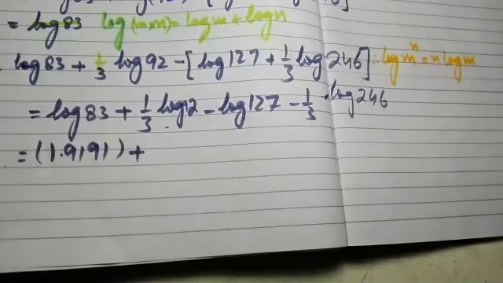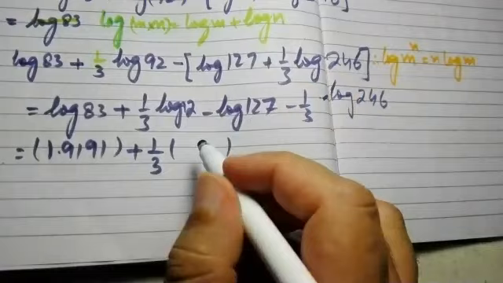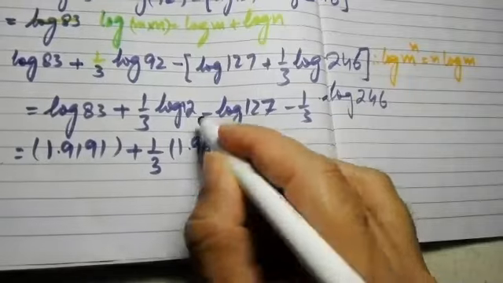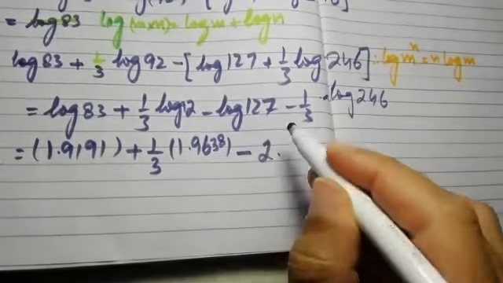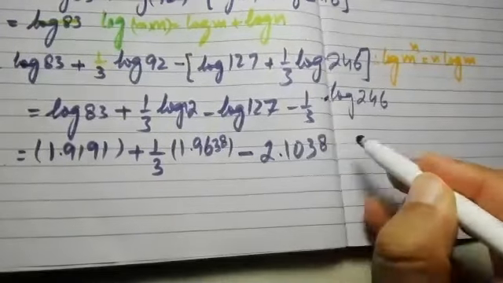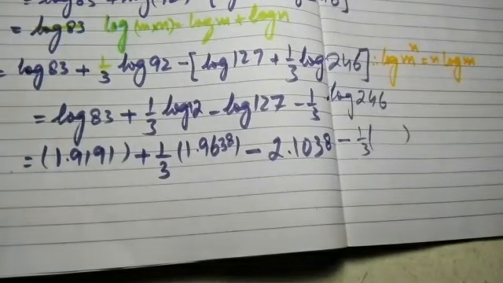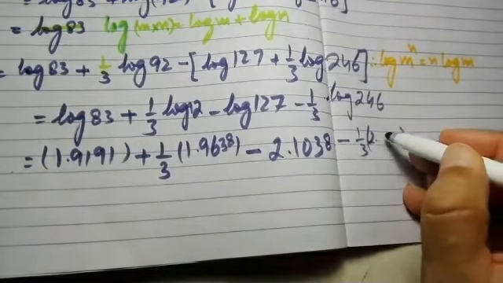And log 92, keep 1 by 3 outside, is 1.9638, the logarithm of 92, minus log 127, this is 2.1038, minus 1 by 3 times log 246. This is 2.3909.